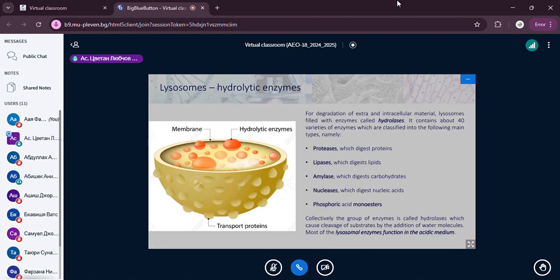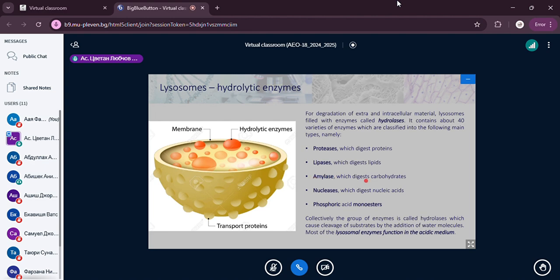Now, let me tell you which kinds of hydrolytic enzymes you're going to see here. Several different classes: proteases, lipases, amylases, nucleases, phosphomonoesterases. Those usually cut the phosphate groups. Nucleases, imagine, destroy the nucleic acids to monomers like cytosine.